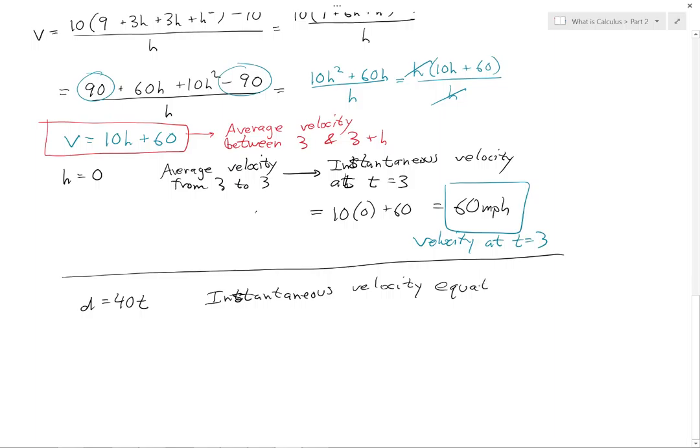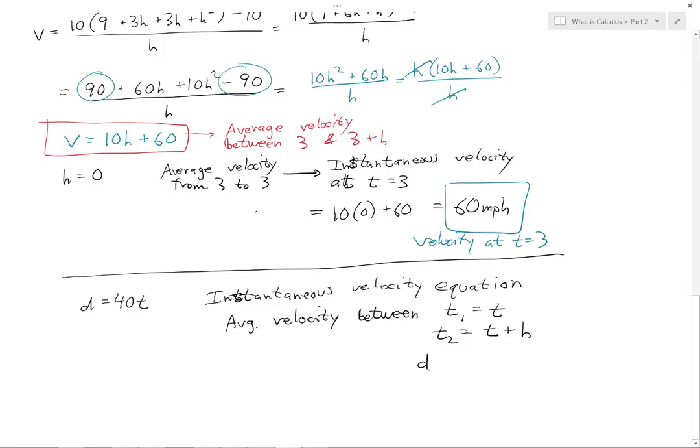So let's think about how we would do this. We want to find the average velocity between t1, we're just going to let that be t, and t2, we're going to let that be t plus h, just like we saw earlier.